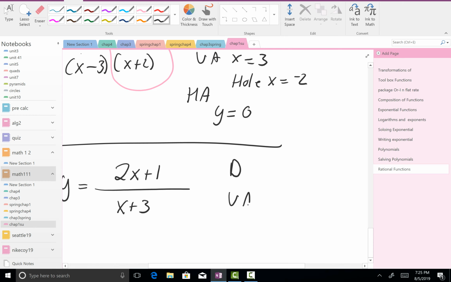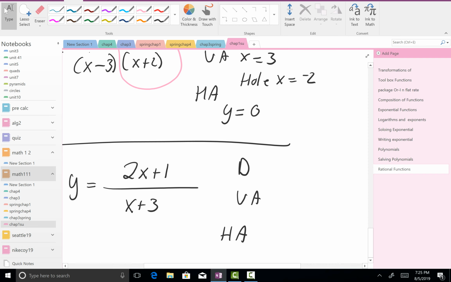Domain, vertical, horizontal. Okay, this one looks a little different. What can't the domain be? -3, we're getting better at it. Okay. Vertical asymptote or hole, what do we got?